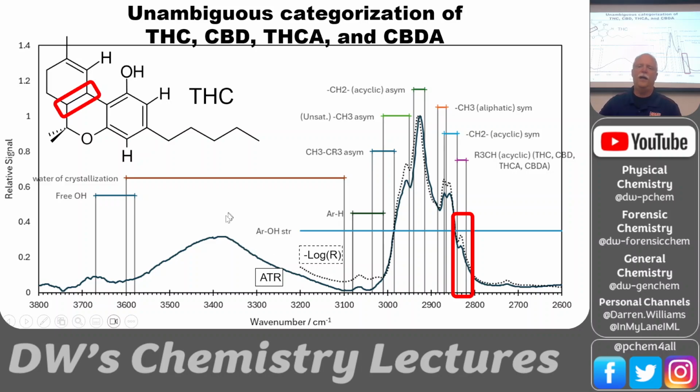So what I've done is I've taken that group frequency table, the characteristic group frequencies by Socrates, and gone through the CH stretch region, and it says for the CH2 acyclic asymmetric stretch, this is the range. So I went in and I put this little series in Excel.